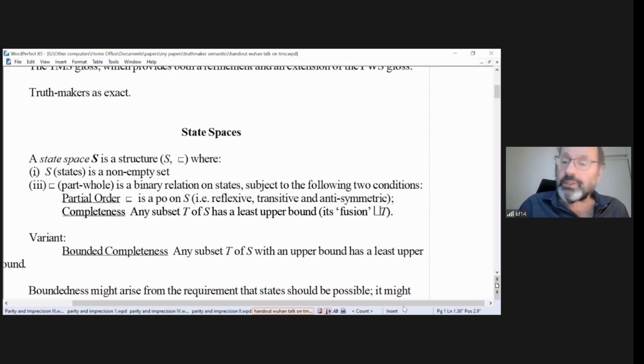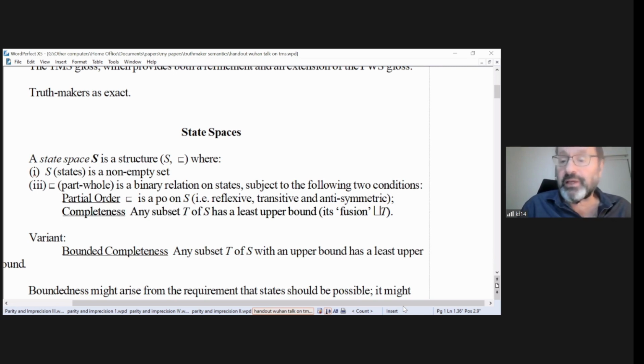So I use this inclusion relation for part-whole. So S and then this symbol T means S is a part of T. And we impose two conditions. One is that it should be a partial order.